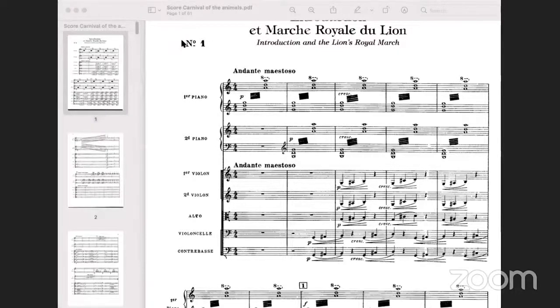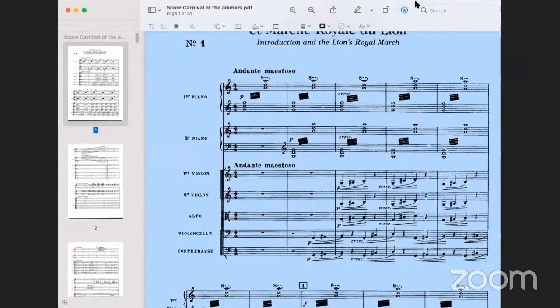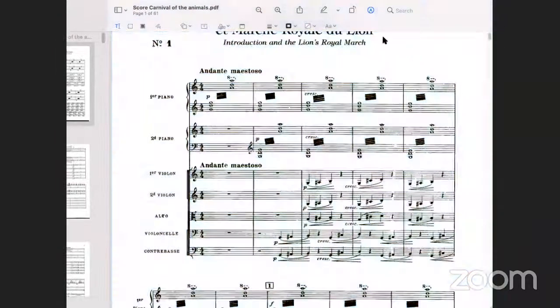So this is part of the midterm, is to write all the pitch notes and the rhythm notes on Carnival of the Animals and answer some of the questions. So now let's see the questions here.